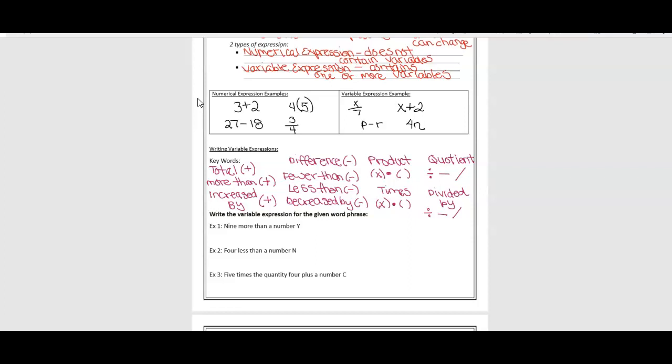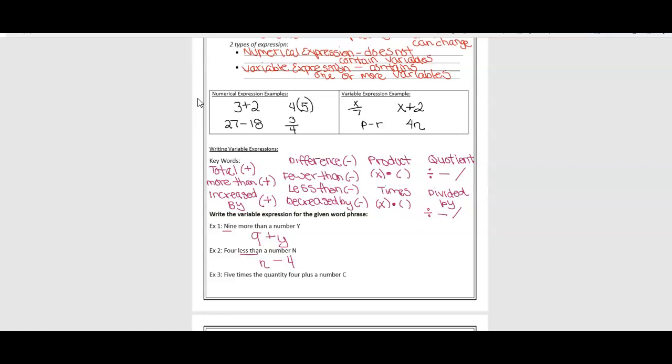Okay, so let's write some variable expressions given the word phrase. 9 more than a number y. Okay, so I have 9, so I'm going to write 9, more than, I'm going to find it up here. Oh, it means plus, a number y. So I'm going to include y since it's telling me what variable to use. 4 less than a number n. So I know I'm going to have less than, which is subtract. 4 has to be less than, so it has to be in the back, and then n is going to be in the front.